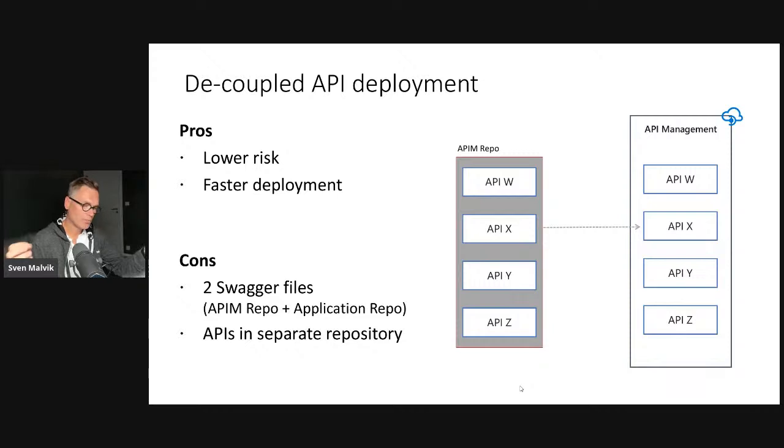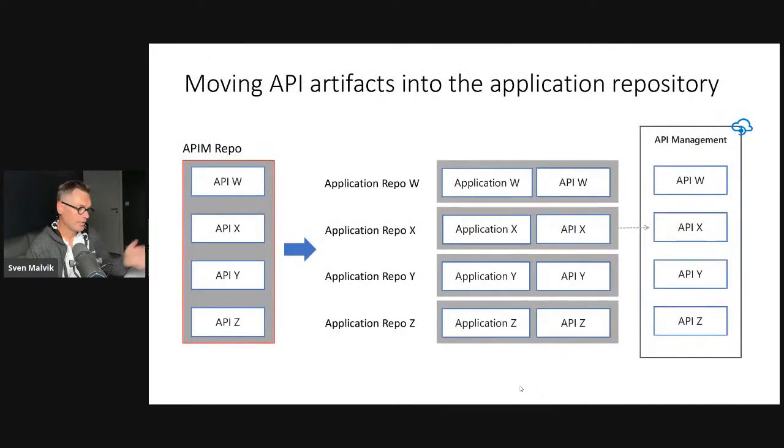So what was very important to us was that you do not treat API management as a monolith, but that you can deploy one API separately. So we got rid of this API management repository, and we moved those applications, those APIs, those Swagger files back into the repositories for the applications.